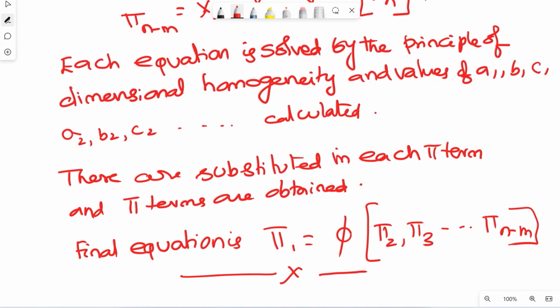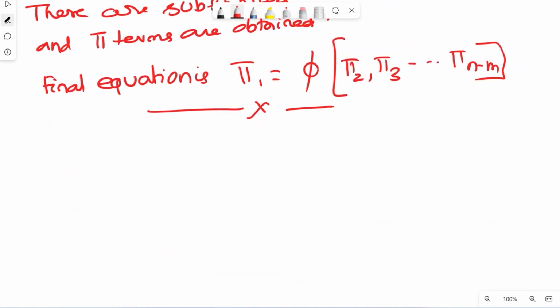Once the exponent values are found, each pi term is determined. Now arrange the pi terms at the end to get the solution. So this is the problem. But out of the entire thing, the main important point is the method of selecting repeating variables.